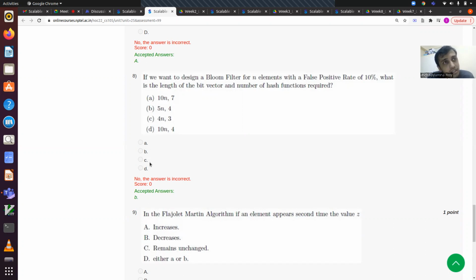SGD will converge if the function is convex. That's the only guarantee. Now, if eta t is greater than or equal to 0, can you please explain how it's happening? Sorry, I am slightly missing the question.